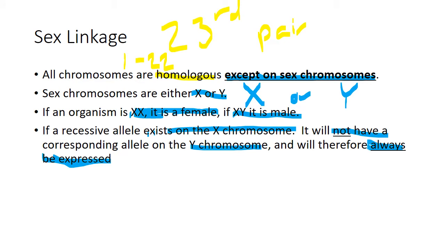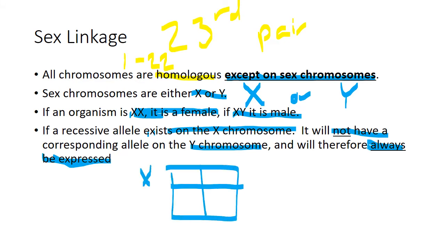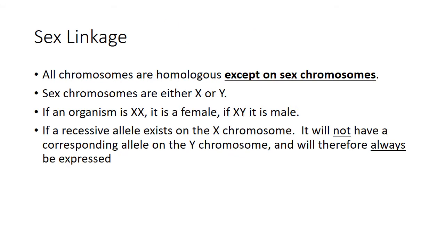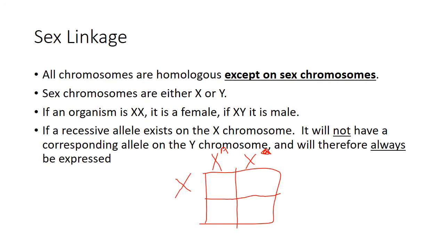So let's look at this Punnett square right here. We have a normal father and a carrier mother. So she does not show the trait because the trait is recessive.